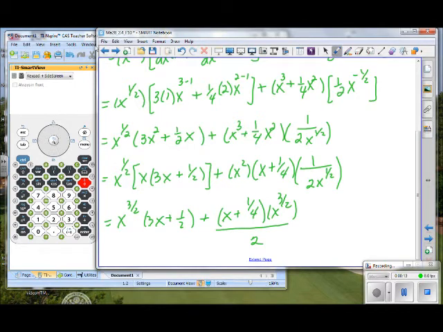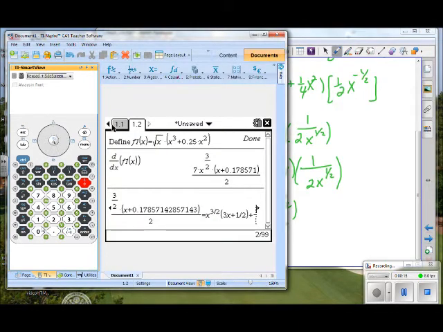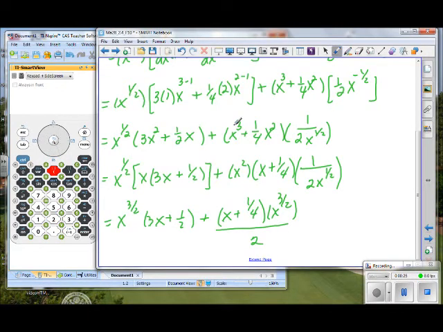I have x to the 3/2 again, so x raised to the 3/2 power. Times the quantity x plus 1/4.